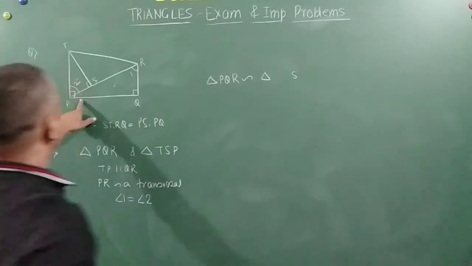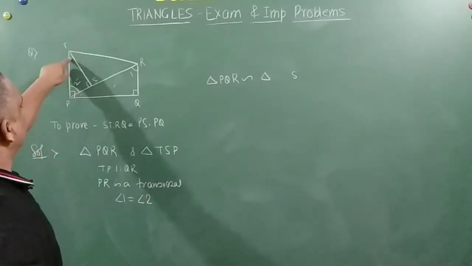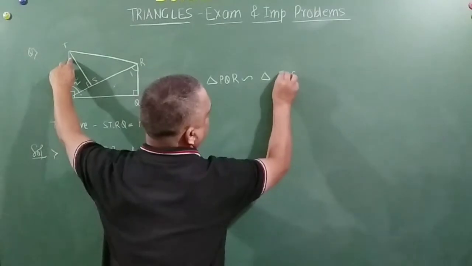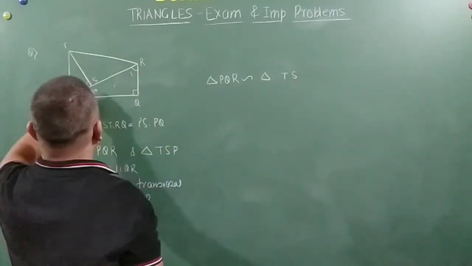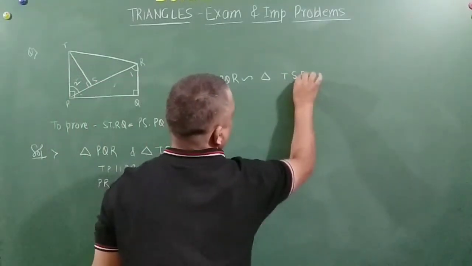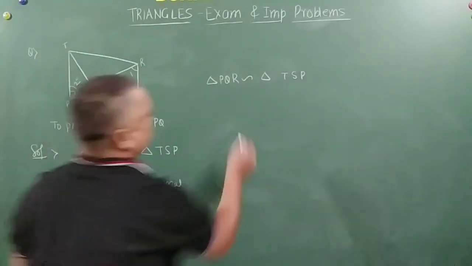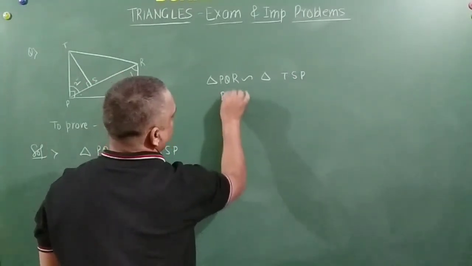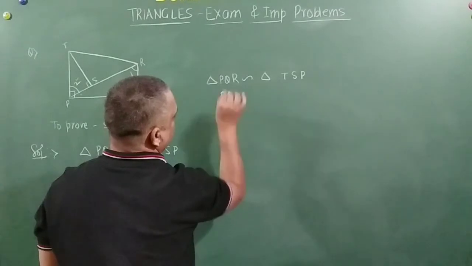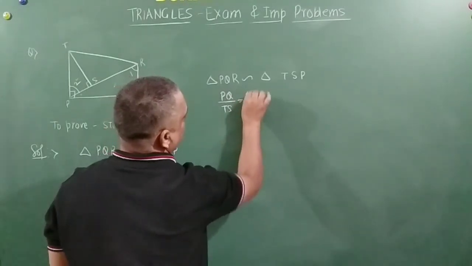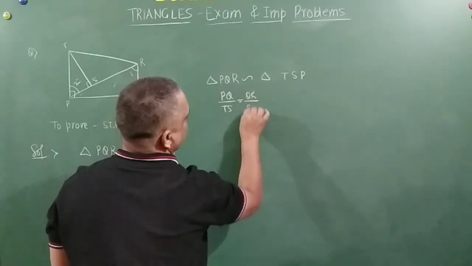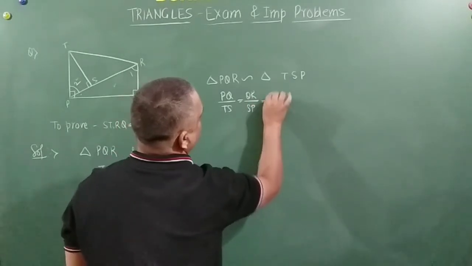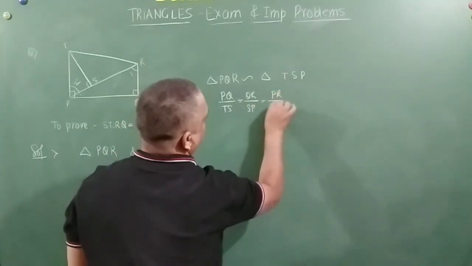So this angle will be equal to this angle. That means I will start from T: T, S and P. Got it? Okay. So we can write the equation now. PQ by TS is equal to QR by SP is equal to PR by TP.